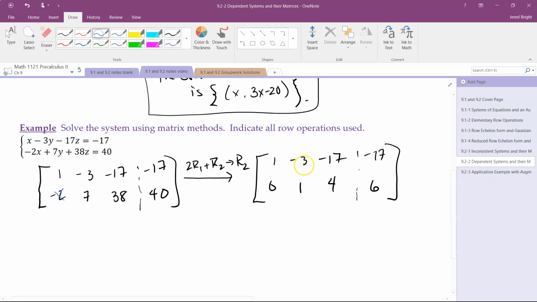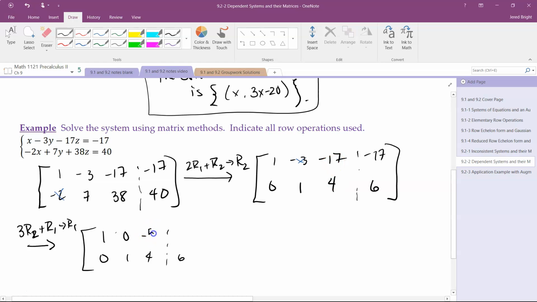To knock out this 3, I need to do 3 row 2 plus row 1 into row 1. Second row remains unchanged, 0, 1, 4, and 6. Now I take 3 of this and add to that, so that's going to be a 0. Then 3 of this, add to that, minus 5. 3 of this, 18. 18 minus 17 is 1.